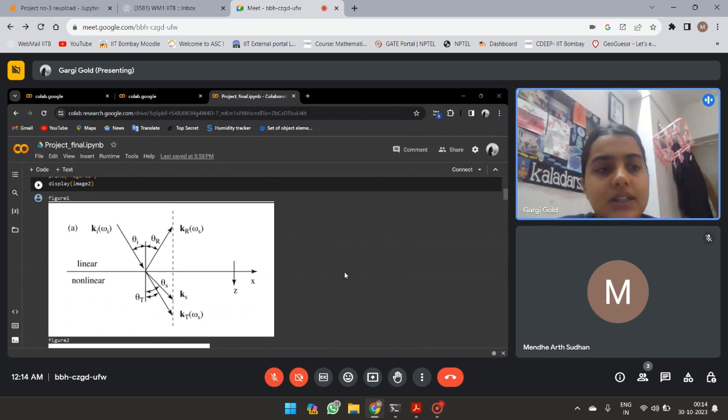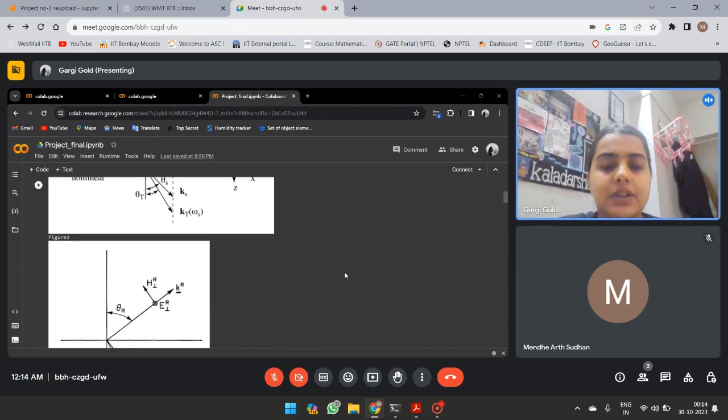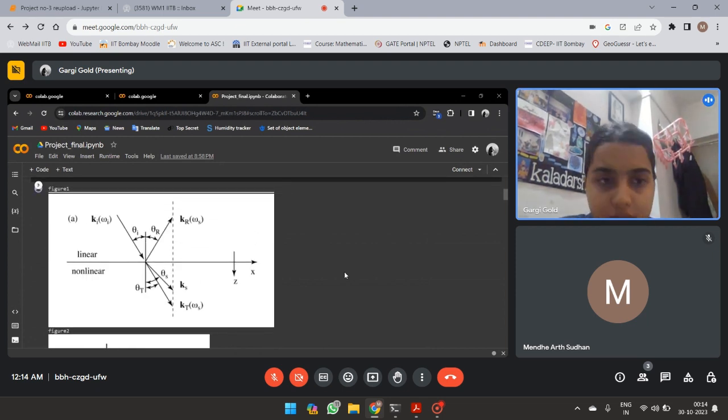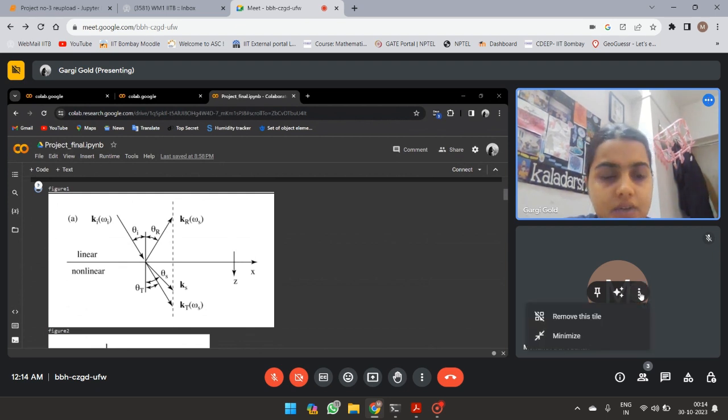So you can see here, let's figure out what is happening in these images. In case A, the incident light has fundamental frequency omega I, and it is partially reflected and partially transmitted into the nonlinear material, which is this part.